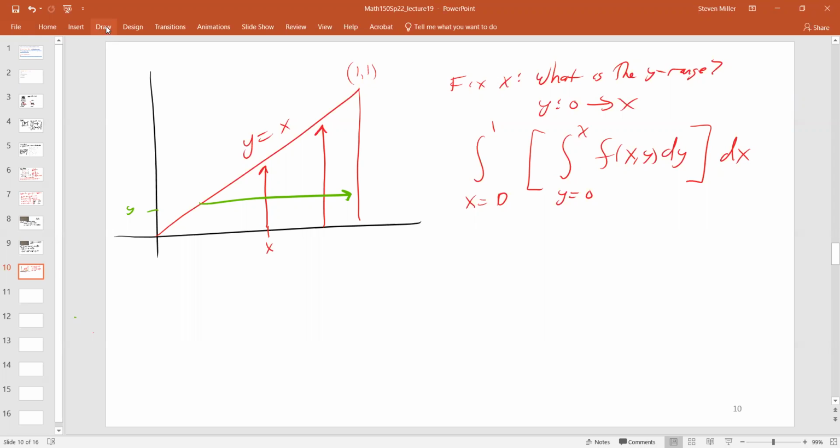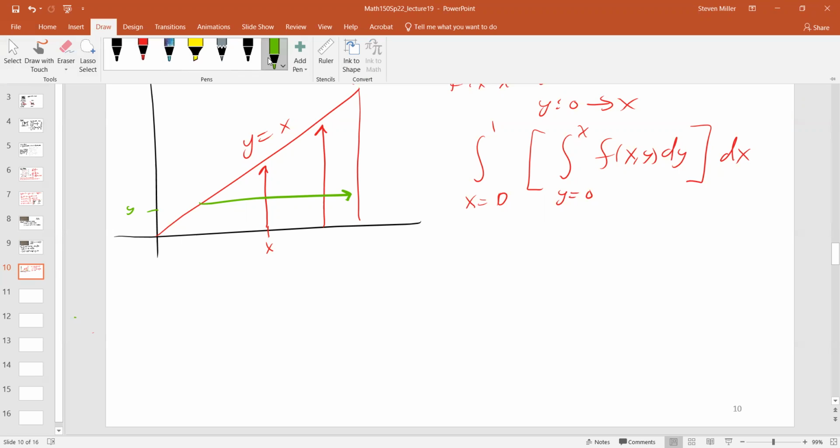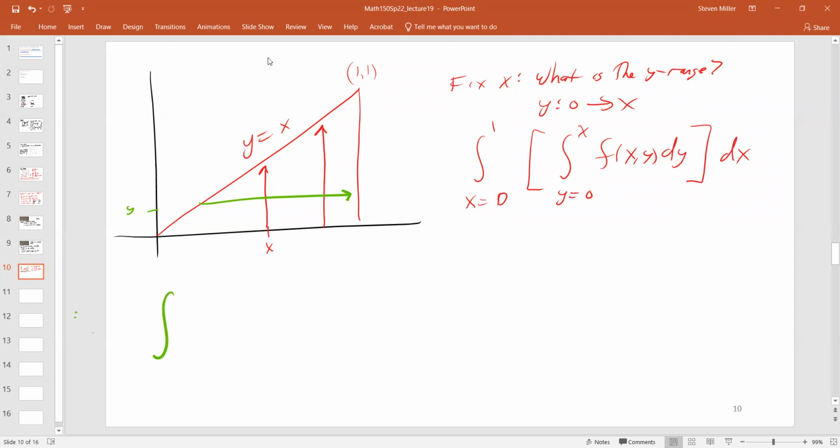The other way we could do it is we could first fix y. So we fix y, what does y range from? So what would be the range of y? 0 to 1. And now what's the range of x? We didn't write this one, so let's figure it out.